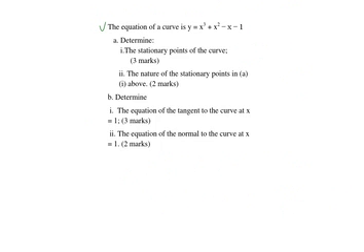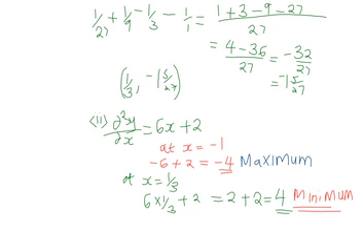Now we go to part B, Roman 1, where we have been told to determine the equation of the tangent to the curve at x equals negative 1. So we have to get the gradient of the curve, and the gradient of the curve is given by dy/dx, which is 3x squared plus 2x minus 1.